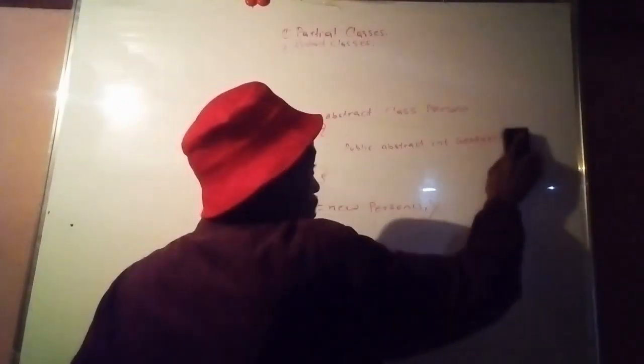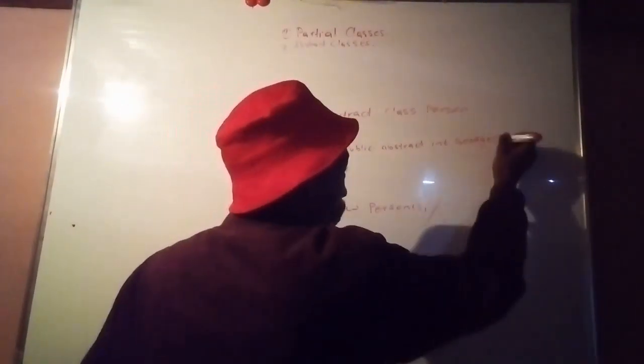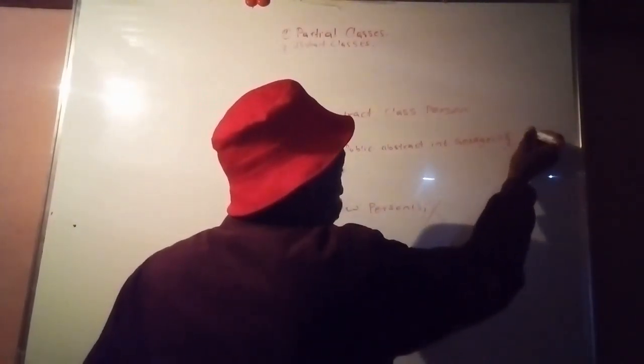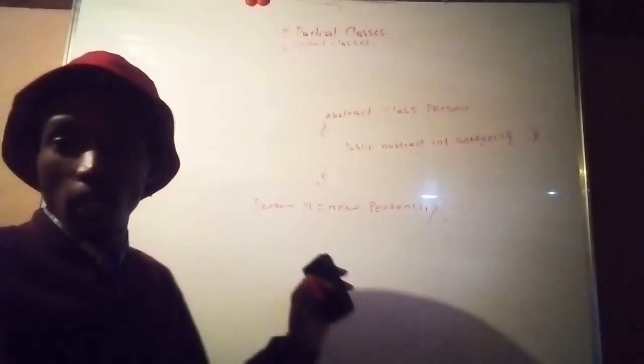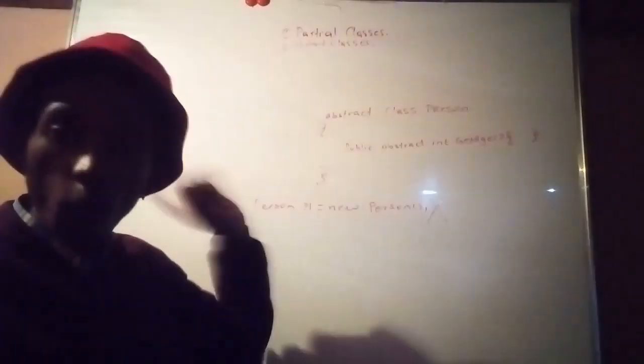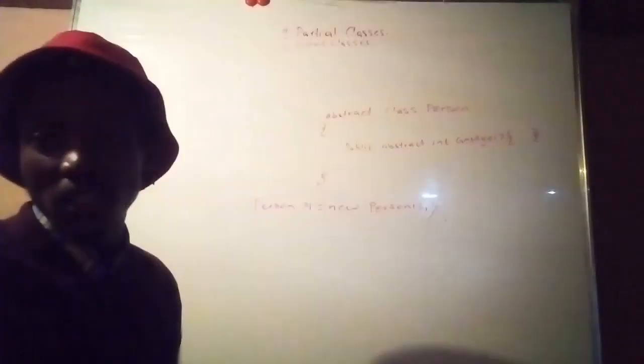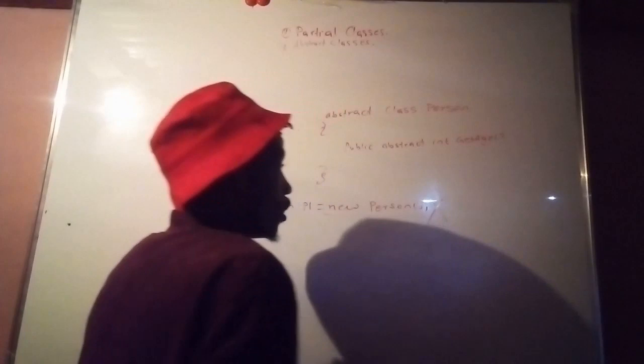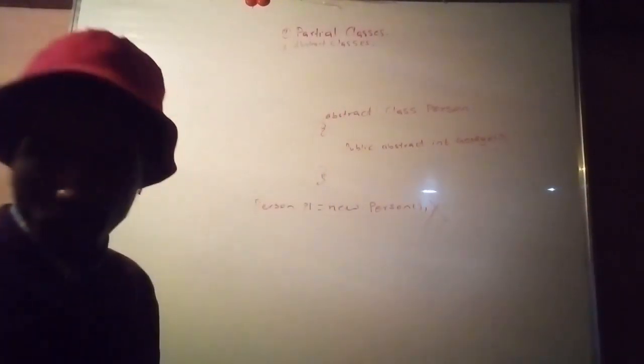Once you try to say, okay, I'm going to provide my implementation here, that's wrong. The compiler is going to complain. You are not allowed to provide an implementation of an abstract member within an abstract type. So you only give the signature.